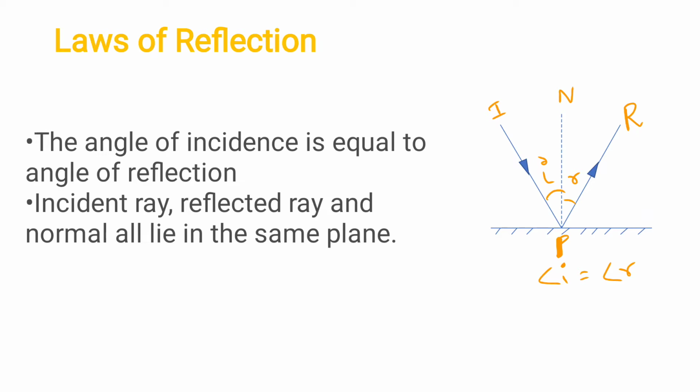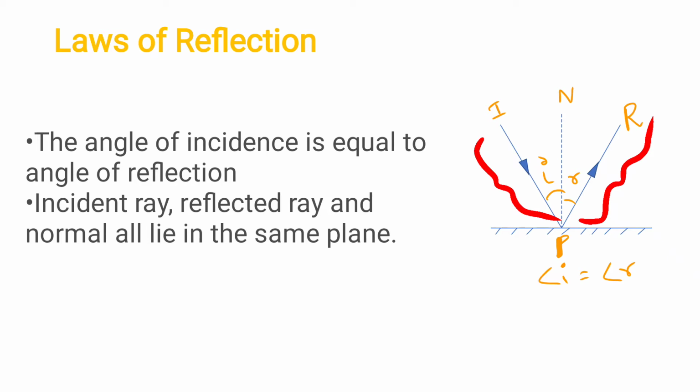As in the picture we can see that this is I, capital I, this is the incident ray, and here it is R, that is the reflected ray. So this ray that is coming is called the incident ray, and this ray which is leaving after reflecting back is the reflected ray.